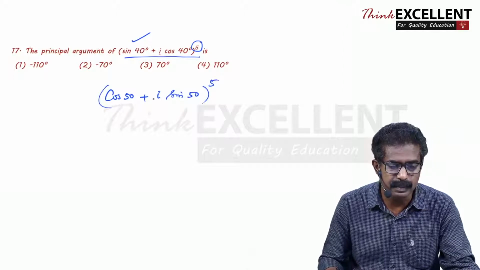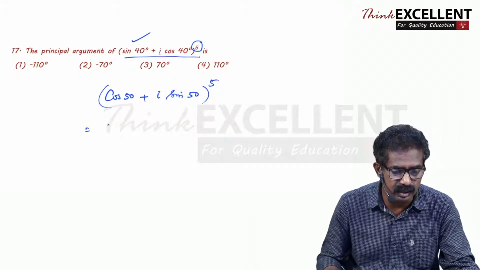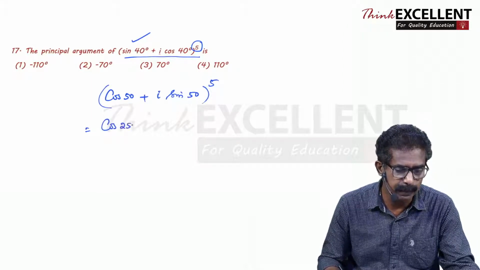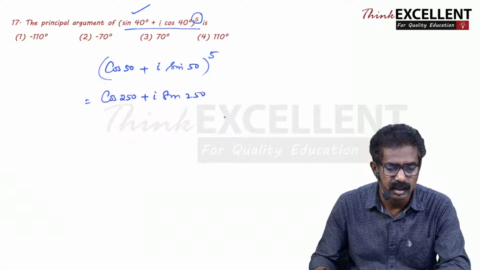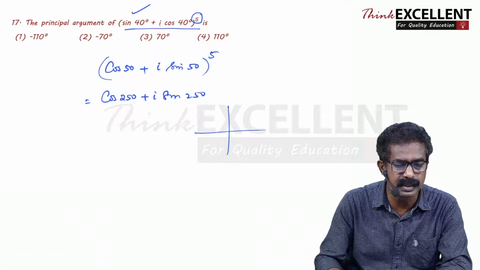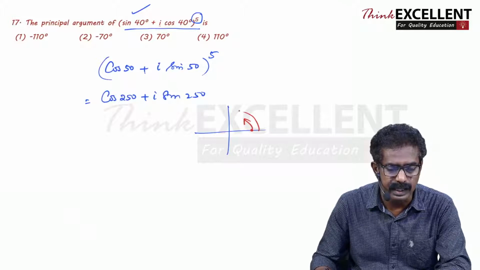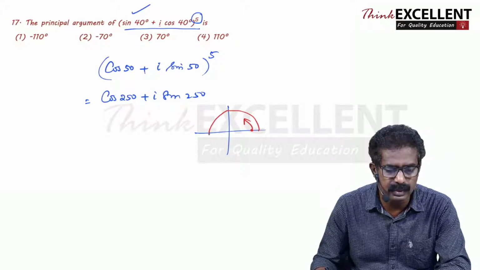Now it is cos theta plus i sin theta raised to n. Apply De Moivre's theorem, the 5 comes in front. So cos 5 into 50, it is 250, plus i sin 250. But 250 is not in the answer options, right? For the argument, please listen: you start from here in the positive direction. 90, 180, then 250 means another 70.